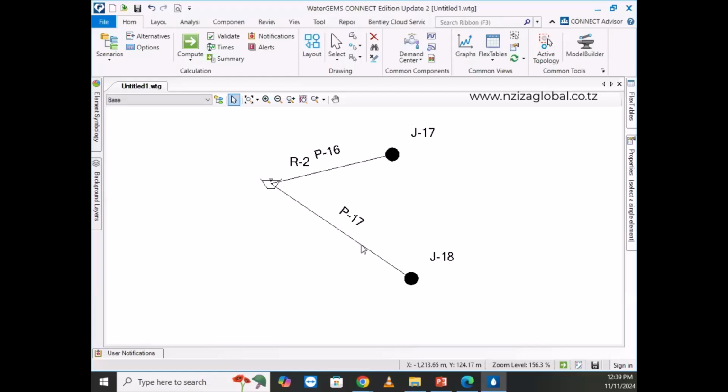Just not connected. Those who deleted one pipe, does it validate? No. It doesn't validate.